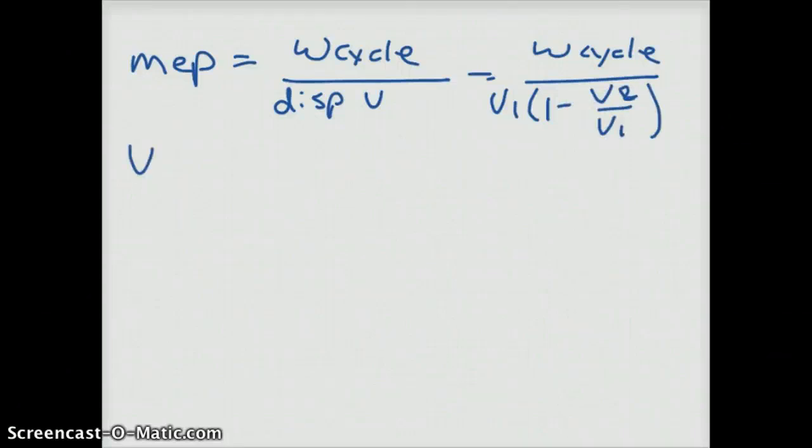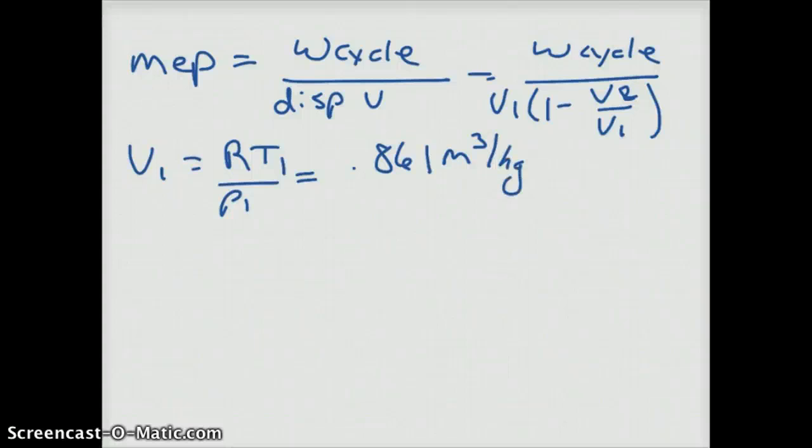In order to find V1, we use PV equals mRT, or Pv equals RT. After solving that, we get 0.861 cubic meters per kilogram. So we just plug it back into the equation. We already know that V2 over V1 equals 1 over 9.